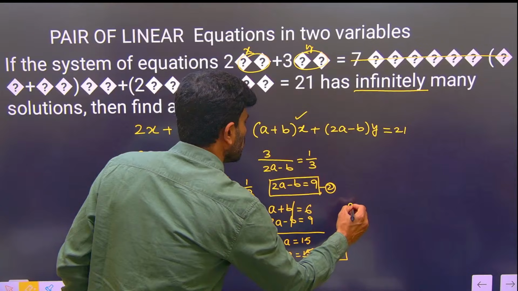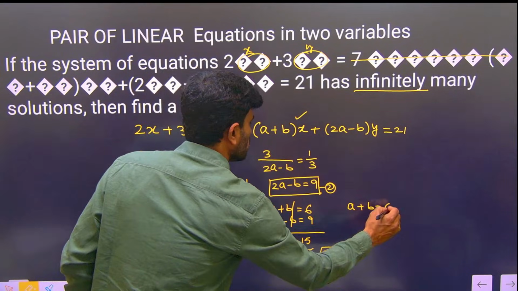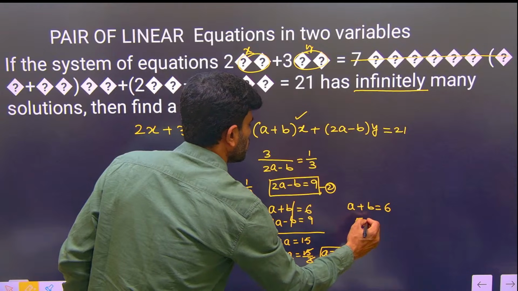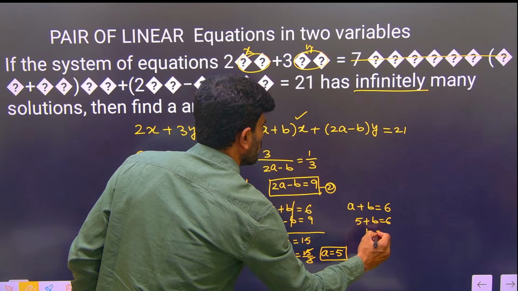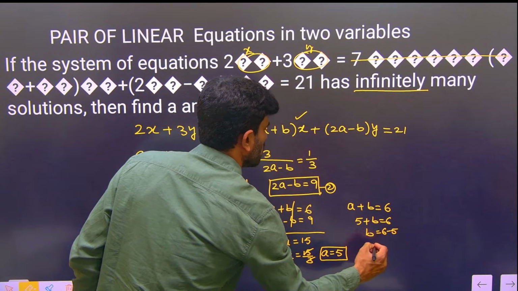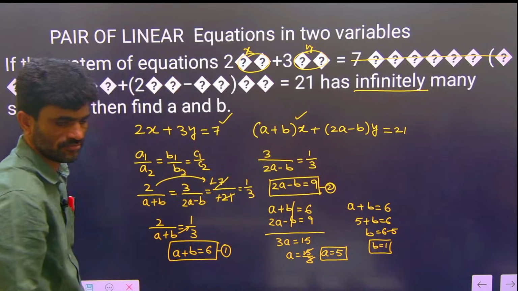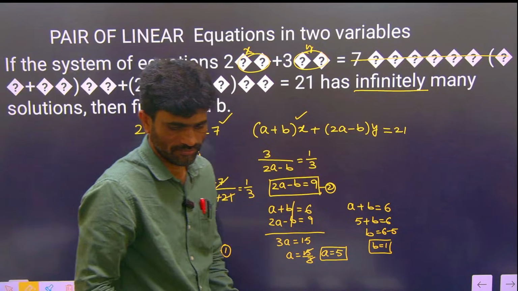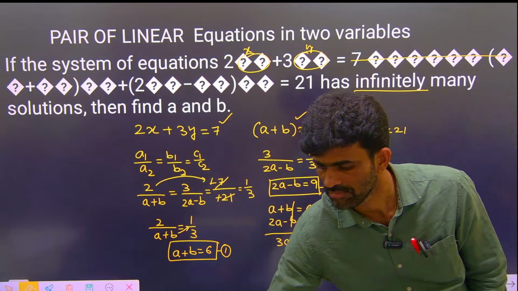Substitute here, a plus b is equal to 6. 5 plus b is equal to 6. So b is equal to 6 minus 5. b is equal to 1. Got the same?